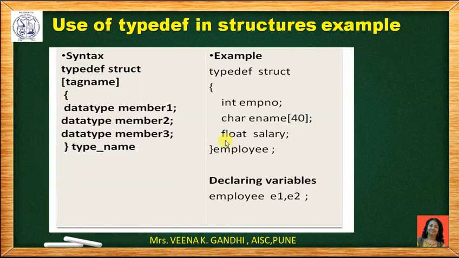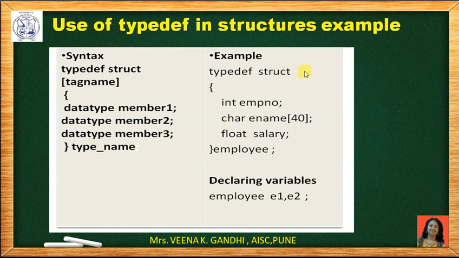Now, how to use typedef in a structure? First the typedef keyword, then followed by struct, then followed by the tag name. Tag name is optional. Inside the curly braces, you can define the members: data type member 1, member 2, up to member n. Then close the braces and give the new name or alias for it. So for example, typedef struct.